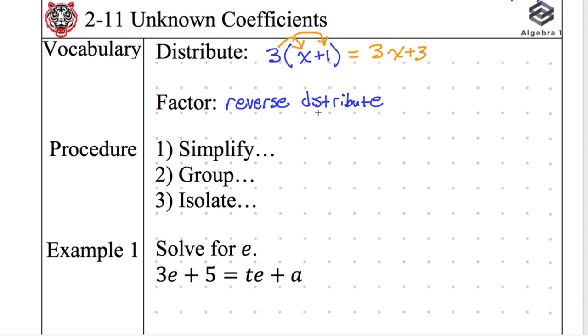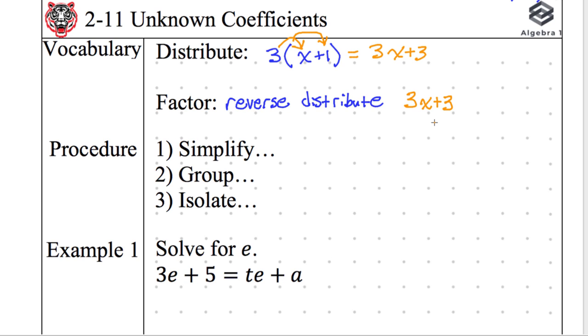So now, if I'm going to reverse distribute, it's kind of the same thing as if I started here with 3x plus 3, and you say, okay, what can I pull out? What could I do to go back to this form? And you say, oh, look, both of these terms in this expression, this is a 3 and this is a 3, both of these terms are divisible by 3.